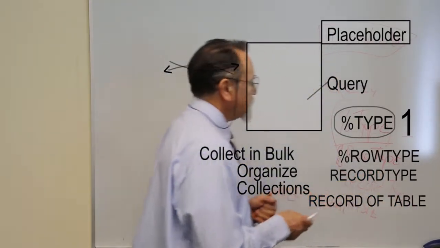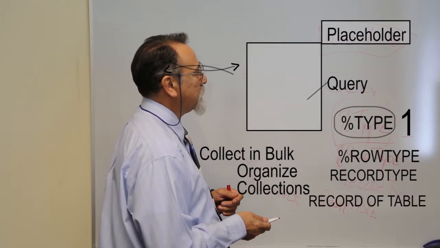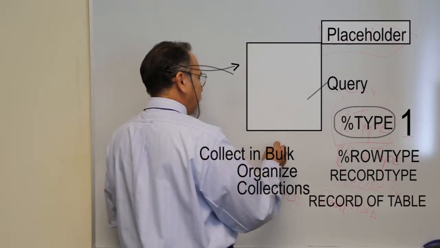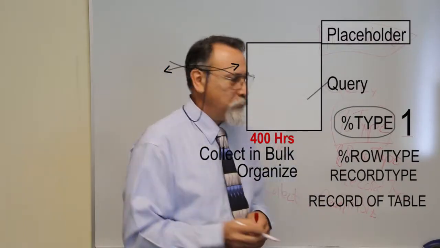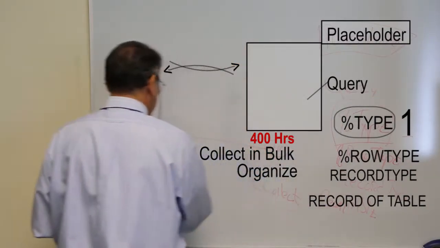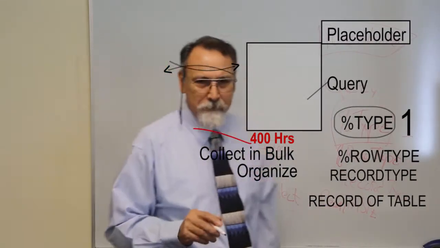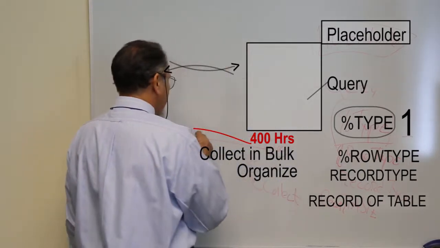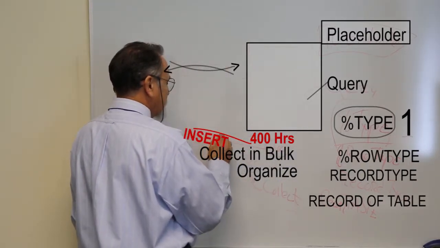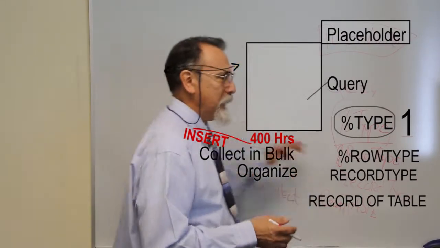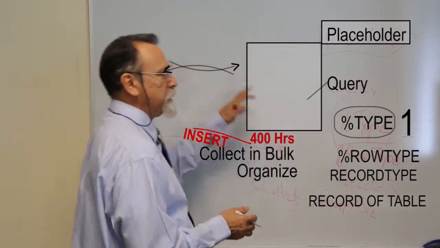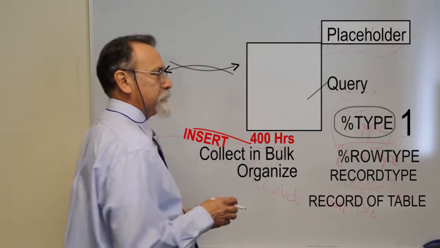Now, remember that we had that $400 from the previous example. So what you want to do is put this back into the database. So you want to insert that. There's a mechanism that allows you to insert information into the database.